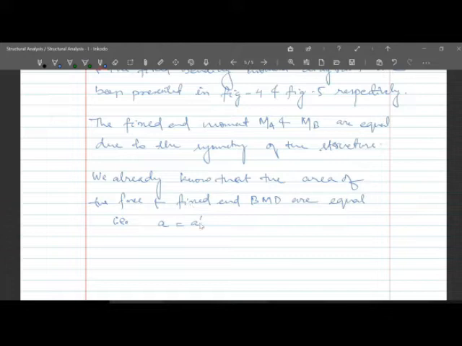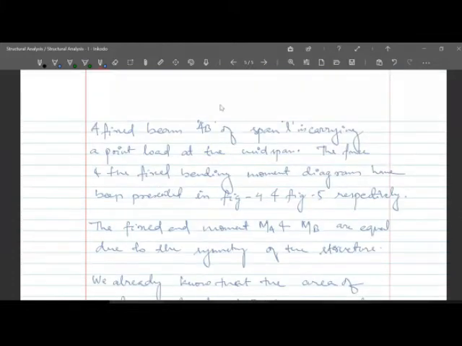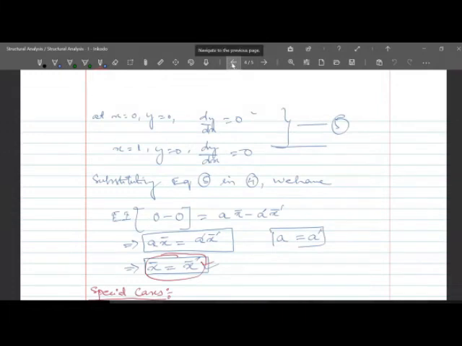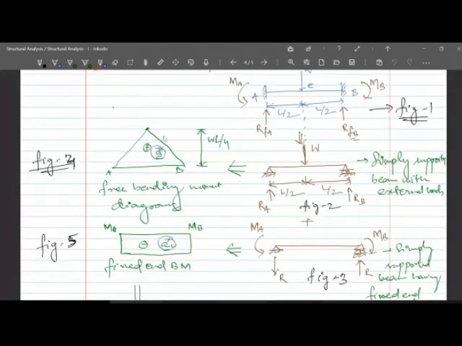If A equals A dash, then what will be the value of A, the area of the free bending moment diagram? This is a triangle, so it is half base into height. The base is L, so half into L into WL by 4.